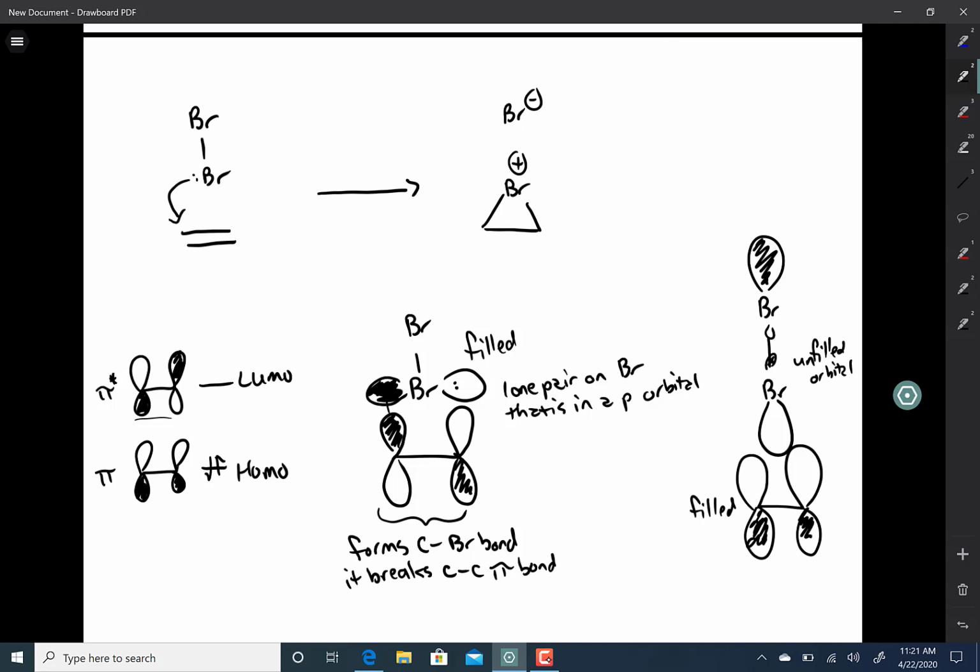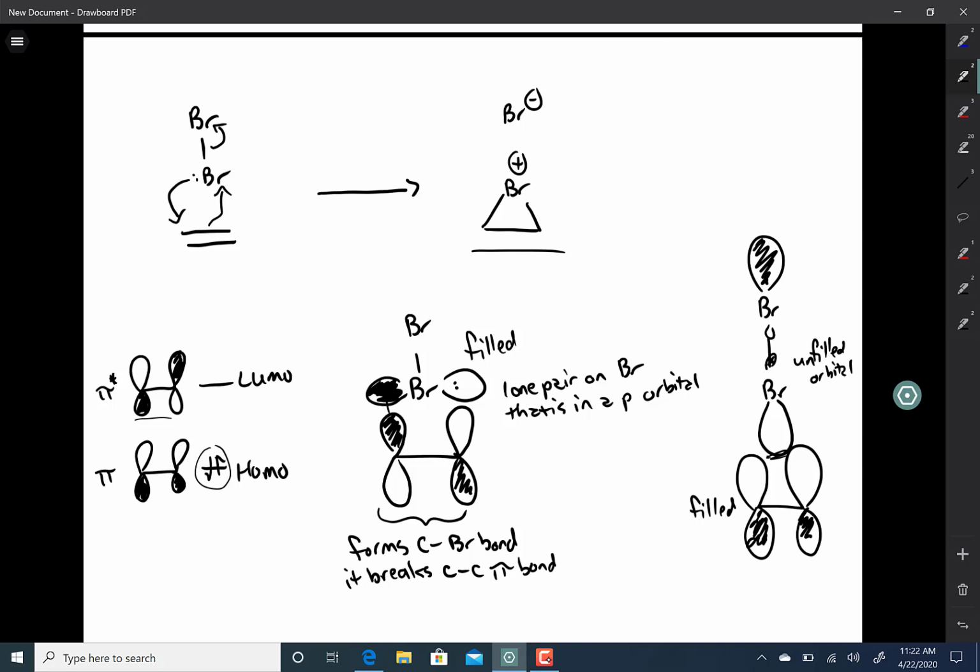So what happens is these electrons are used to make another carbon-bromine bond. That's this interaction right here. And since this happens to be the bromine-bromine antibonding orbital, that breaks the bromine-bromine bond, giving you this.